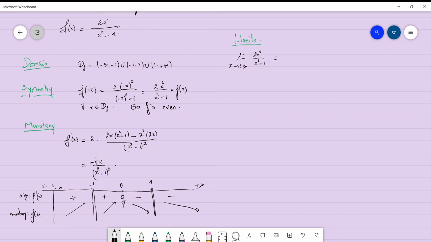But here, with a fraction, we put the higher degree as a factor, so we have x² times 2 over x² times (1 minus 1 over x²). Then we simplify by those terms and use the fact that the limit of 1 over x² is 0, so the limit is 2. So we will have a limit behavior of 2 here and 2 here also.